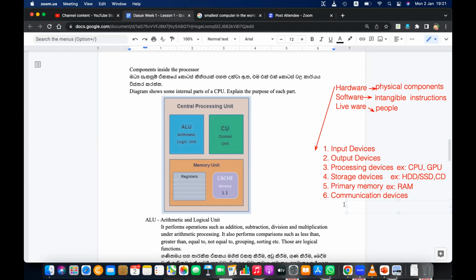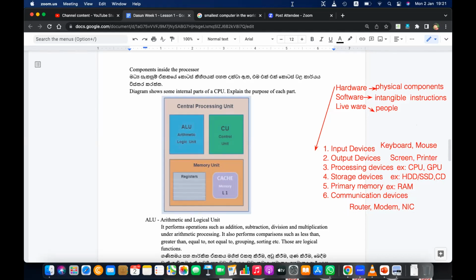Communication devices examples: NIC, modem, router. Then input devices, keyboard, mouse; output devices, screen, printer. Likewise, we have learned about all these 6 categories of devices.